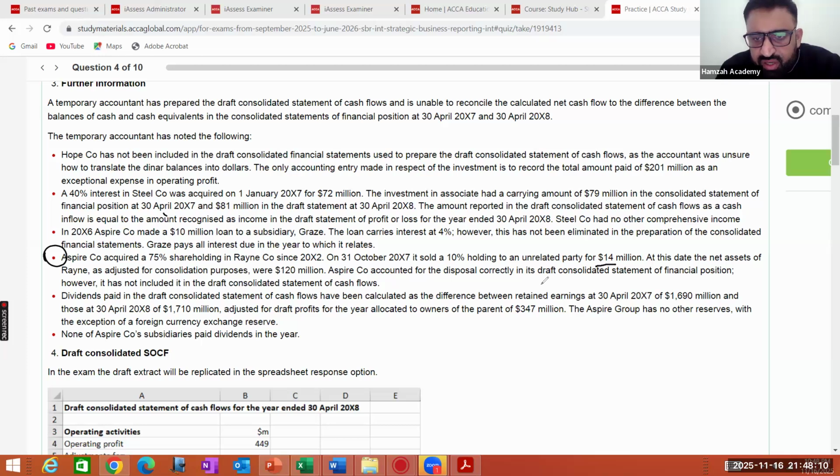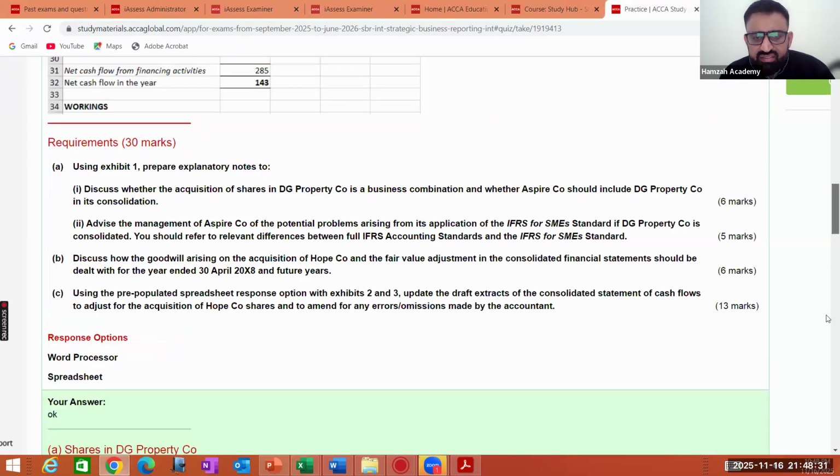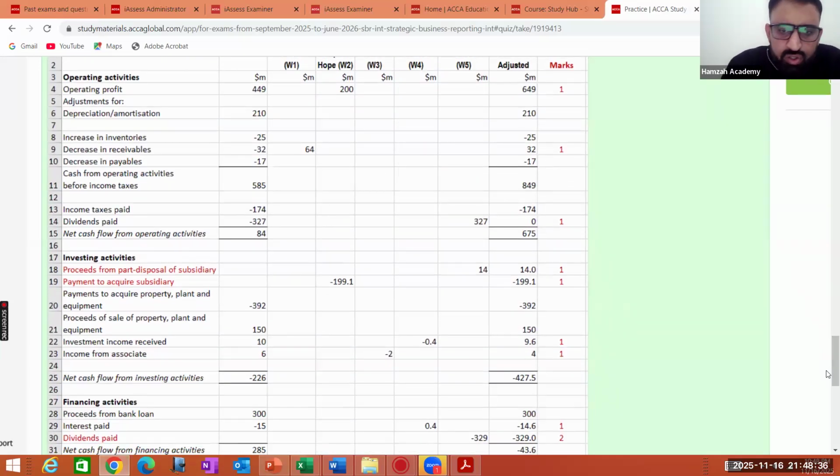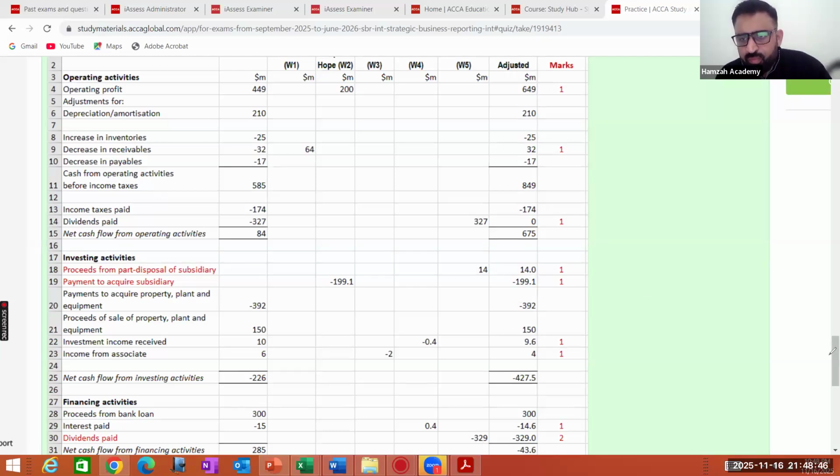Aspire accounted for the disposal correctly in the draft consolidated financial position. However, it has not included it in the draft consolidated cash flow statement. So they have disposed some of the holding for 14 million, and this 14 million should have been shown under the investment category as sale proceeds, which they haven't considered. So you will consider it, as you can see, you have added it under the investment category. So this point has also been adjusted.